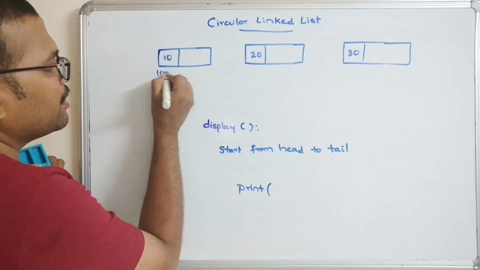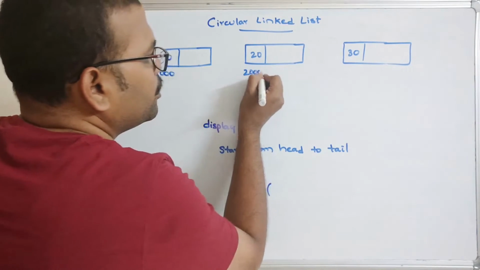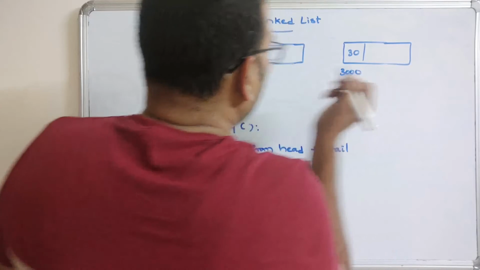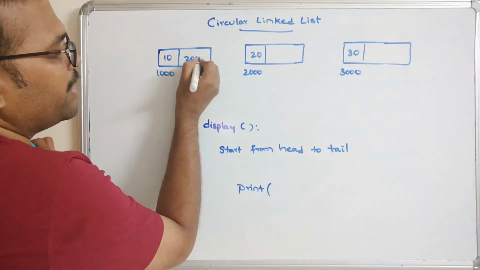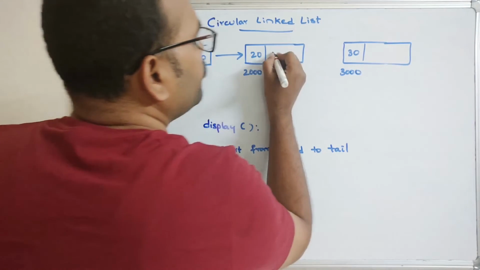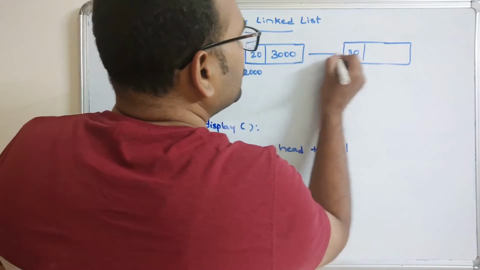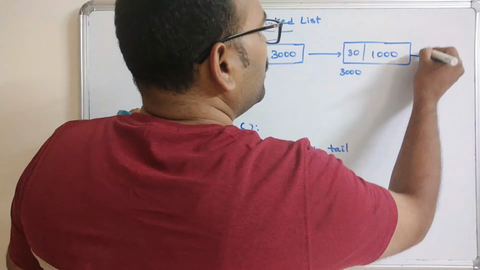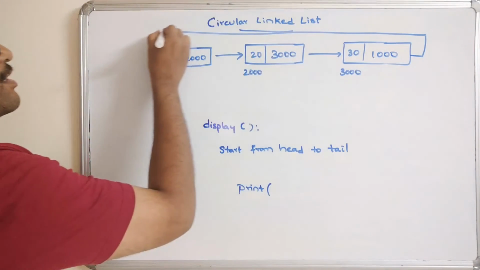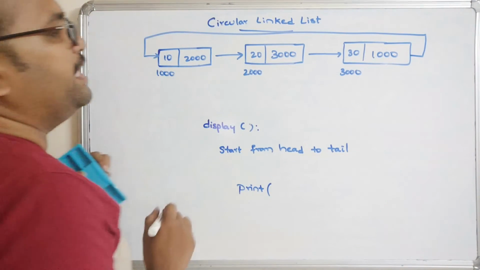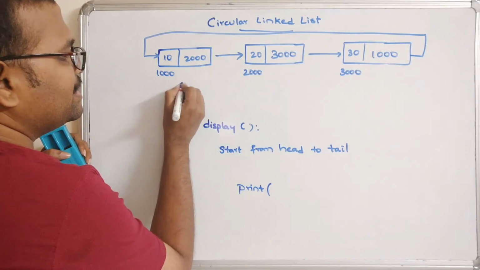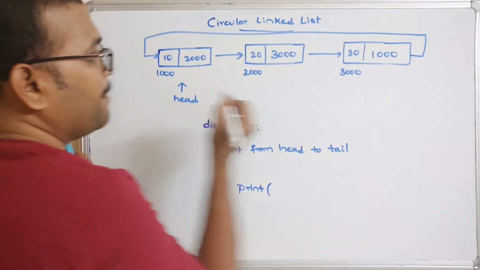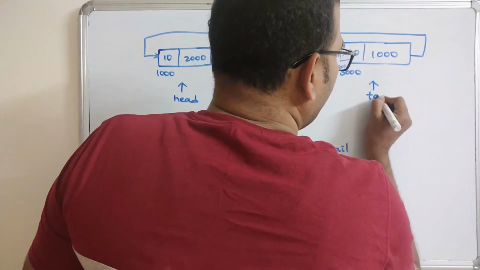Here the addresses are 1000, 2000, 3000, and each holds the address of the next one. The last node holds the address of the first node, because that is the 10. So this is the head and this will be the tail.